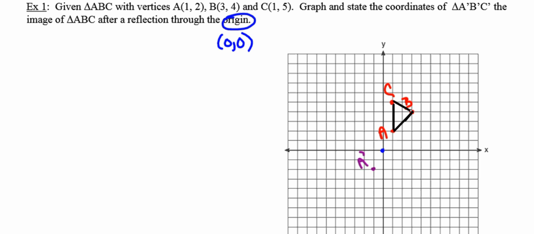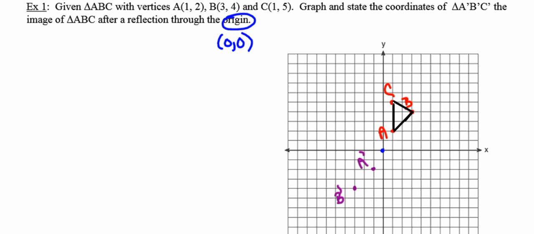So point B, I have to go to the left 3 and down 4. To find point B prime, I'm going to go to the left 3 and down 4. And there's point B prime. So again, the point I'm reflecting through, the origin, becomes the midpoint between B and its image, B prime.